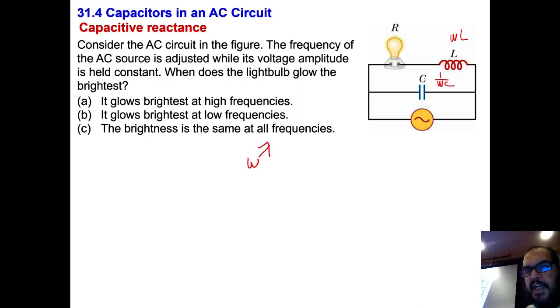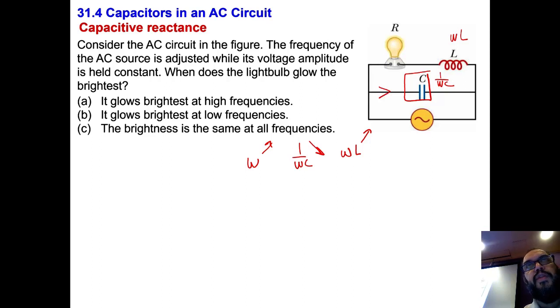If omega is high, 1 over omega C is going to be low, and omega L is going to be high. So where will the current flow? Will it be flowing here or here?